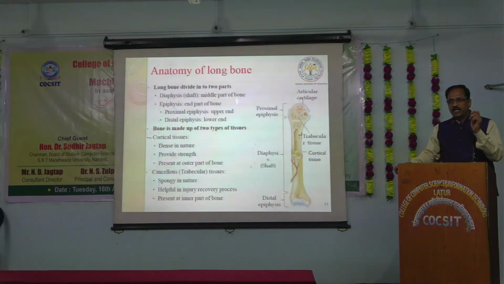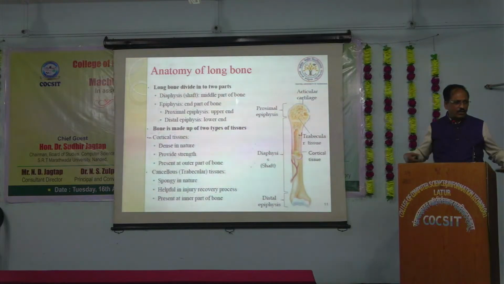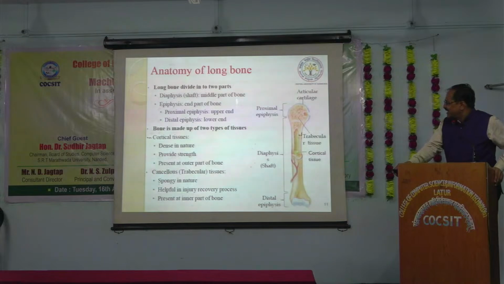It is made up of calcium, very hard, and it provides the strength. If we did not have that dense hard part, we could not stand. We would have to roll and go like a snake, boneless. We are standing because we have such bones.